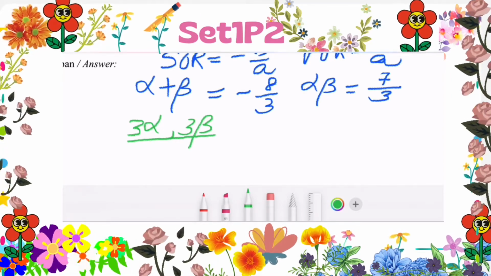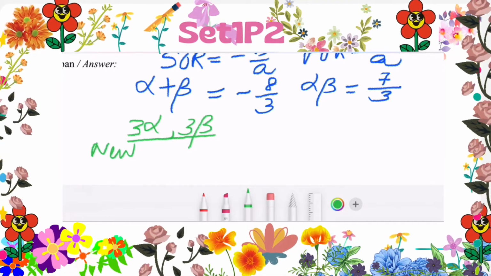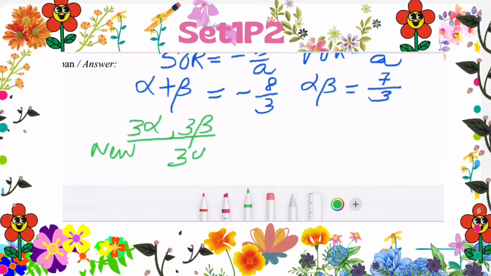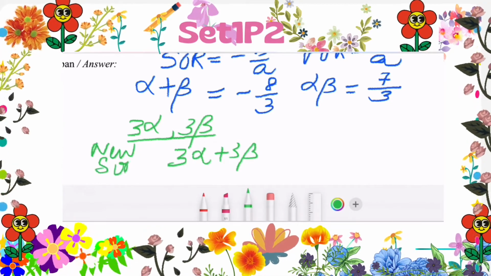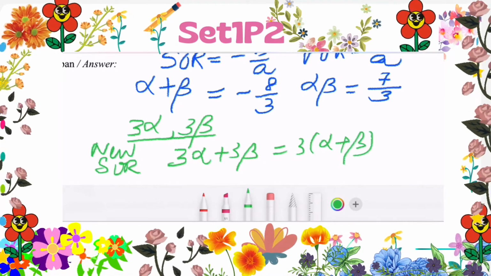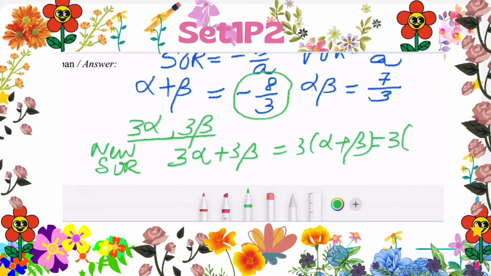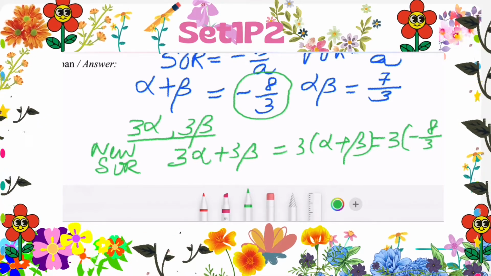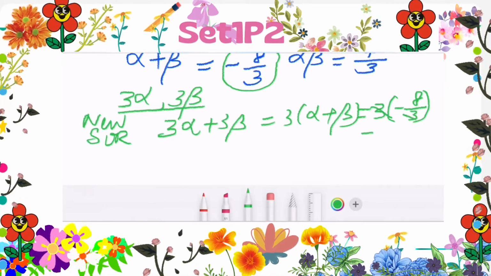So I need to find the new version of the sum of the roots, right? New sum of the roots, which is 3 alpha plus 3 beta. I can factorize. Why do I need to factorize? Because I want to use a value given just now. So if you simplify, you get negative 8.